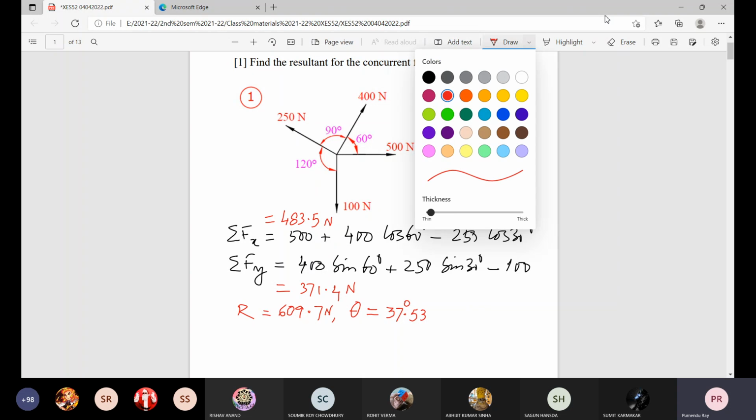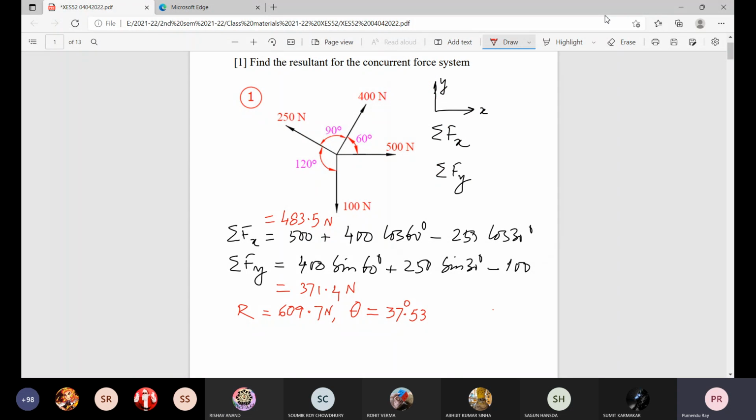Now other people can also check this calculation, and it's coming 52 degrees something. Definitely, if it is 37.53, what about this angle, 52 point something?